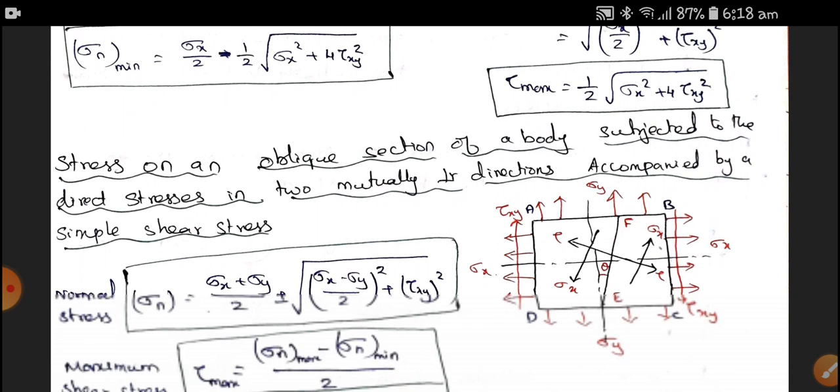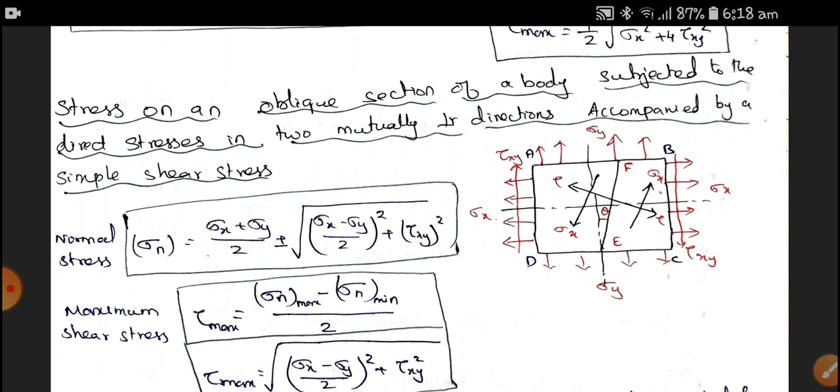The next condition is one we can get in most exams and interviews: stress on an oblique section of a body subjected to direct stress in mutually perpendicular directions accompanied by a simple shear. These conditions also act in normal life situations. Most components and materials are subjected to mutually perpendicular direct stresses and shear stress, so most designs consider these conditions.